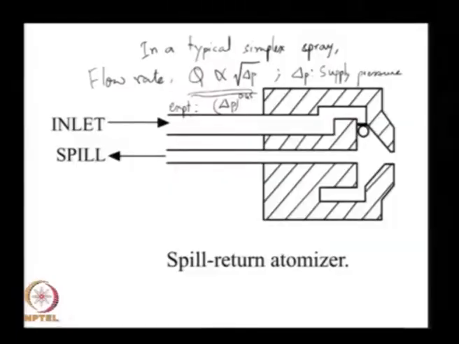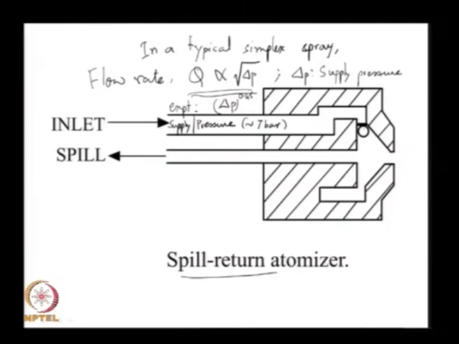This is called a spill return atomizer. If you consider this, essentially there is an inlet. The inlet is at some supply pressure, typically let us say 7 bar. 7 bar is about 100 psi, 10 bar is about 150 pounds per square inch.